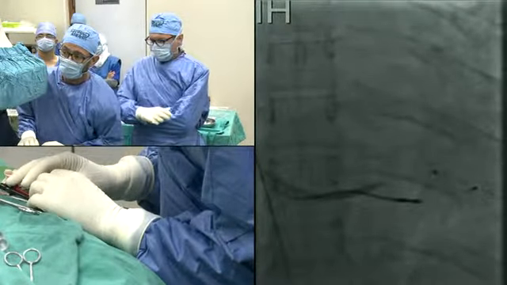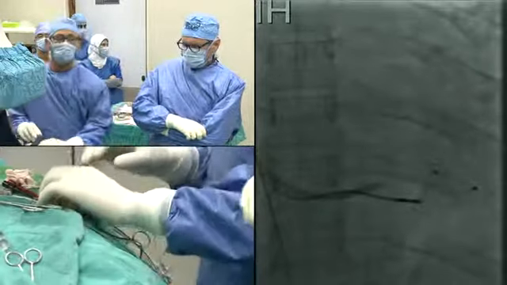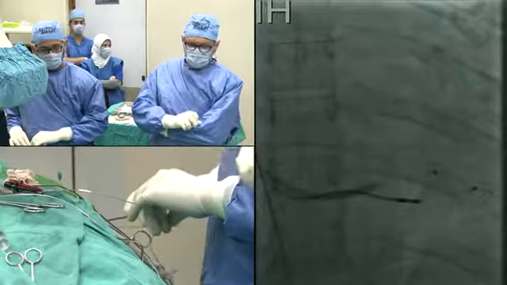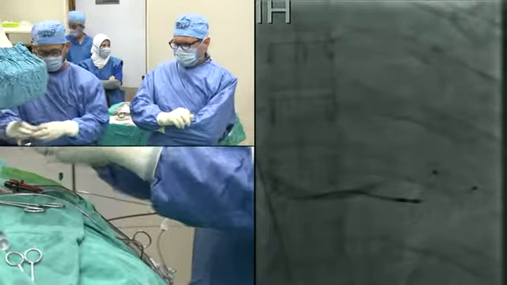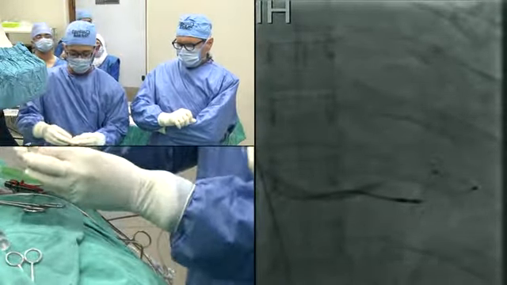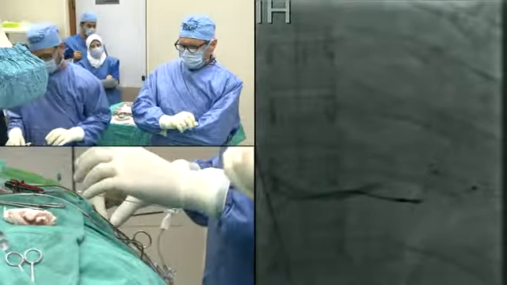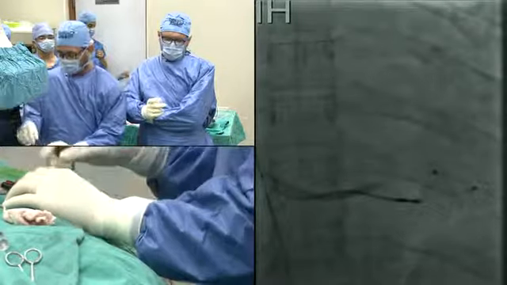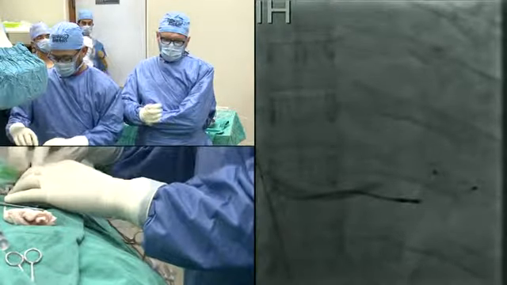A coronary angiogram? Yes, that's a good question. We certainly could have done that.